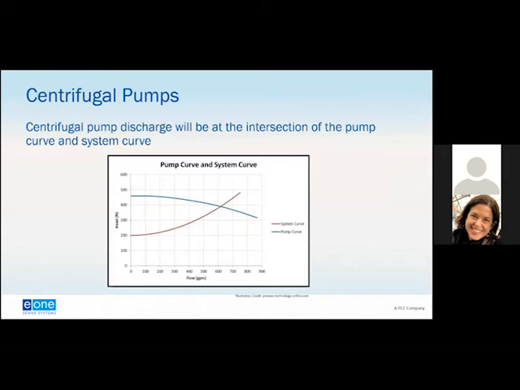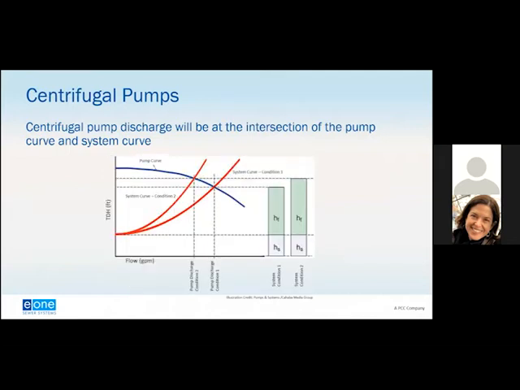So as you have more friction losses, your total dynamic head is going to go up. So your system curve is going to curve upward, as seen in the red line here. And the pump curve is fixed. So as that red line changes, as the dynamics within the system change, the pump discharge is going to change. As I say, the pump will always discharge on its curve based on what the total dynamic head is.